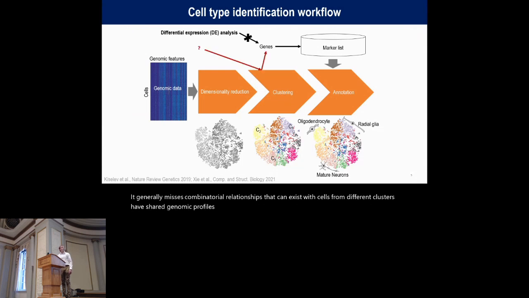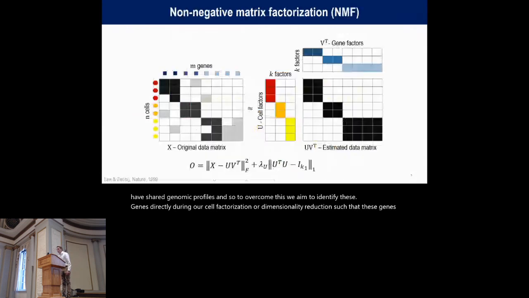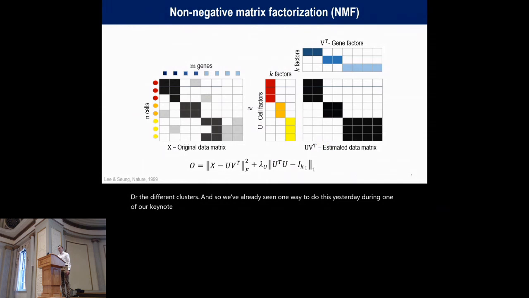To overcome this, we aim to identify these genes directly during our cell factorization or dimensionality reduction, such that these genes drive the different clusters. We've already seen one way to do this yesterday during one of our keynote speaker presentations, which is non-negative matrix factorization.